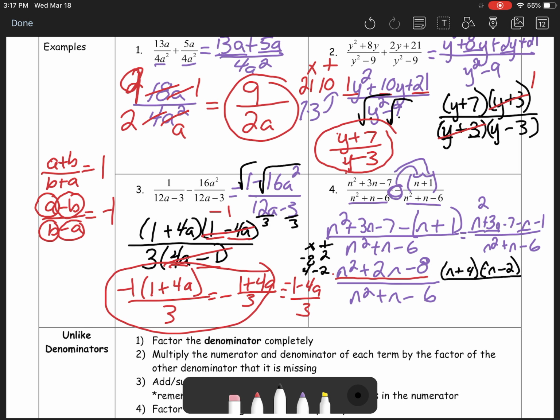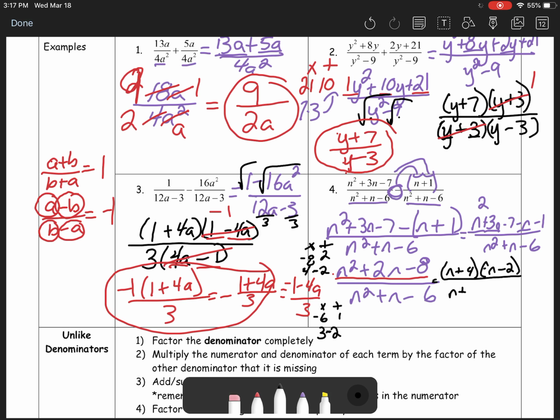Now, in my denominator, I'm looking for two numbers. I have to multiply to be negative 6 and add to be 1. For 6's factors, I know I have 3 times 2. This is a positive 1, so this is going to be 3 times a negative 2.